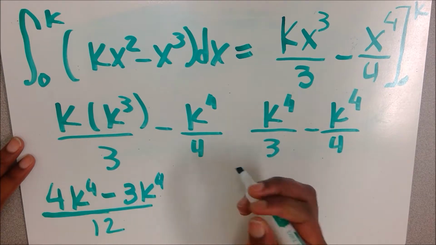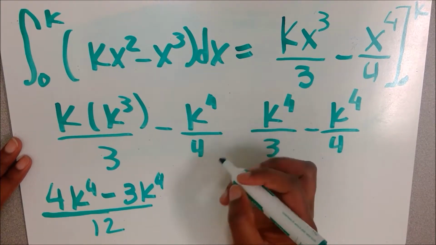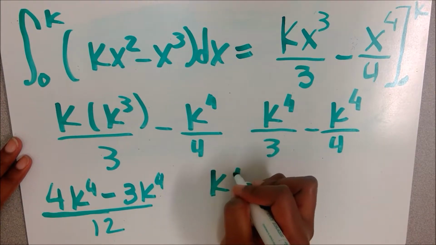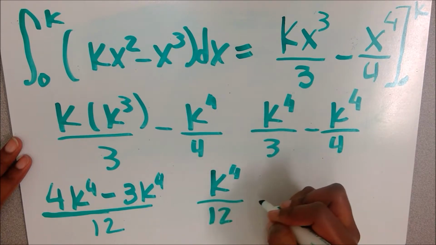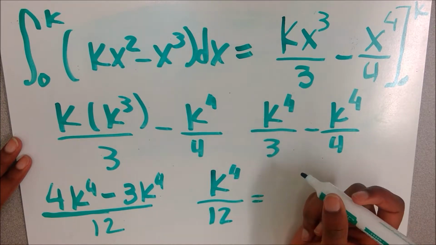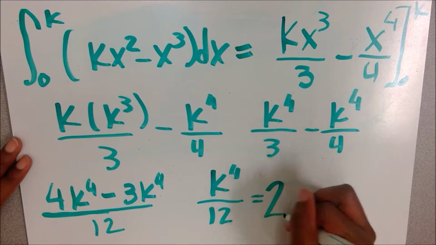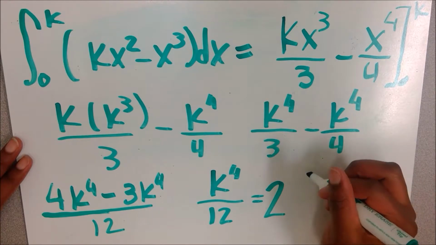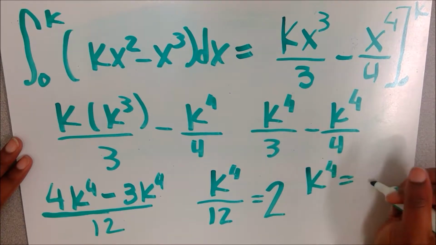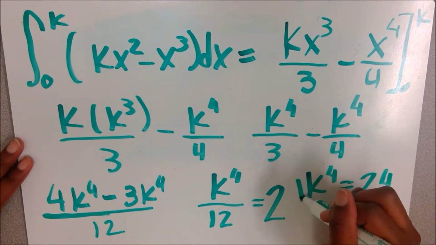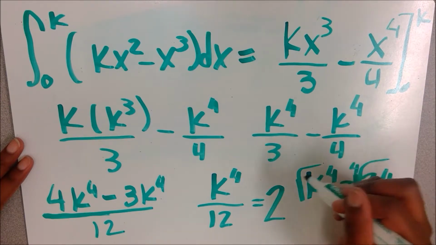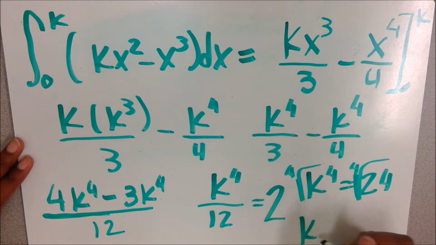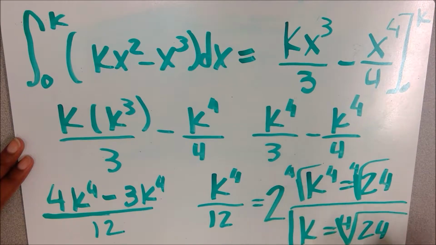Further simplifying, you get k to the fourth divided by 12, and remember that we want to find where it's equal to 2, so we set it equal to 2. Now I would cross multiply and get k to the fourth is equal to 24, and then you can take the fourth root, so k is equal to the fourth root of 24 as your final answer for part A.